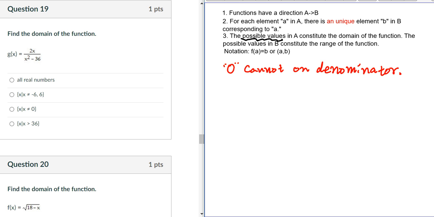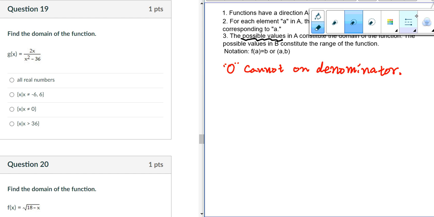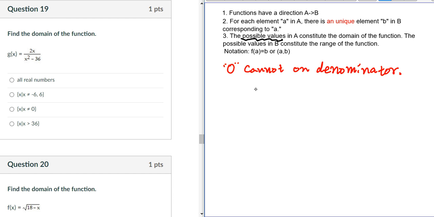Zero cannot be on the denominator. Here, what do we get? Let me choose black color. x squared minus 36 cannot be 0 because this one is on the denominator.